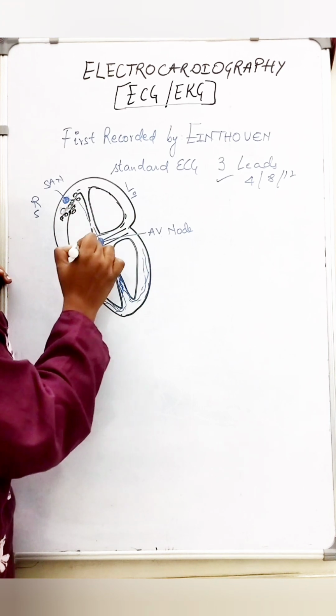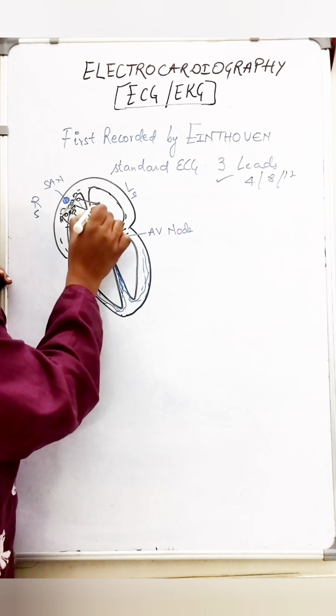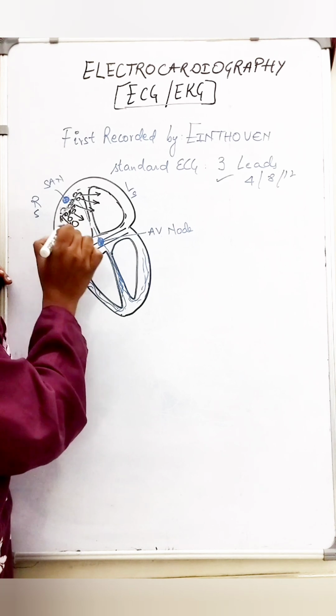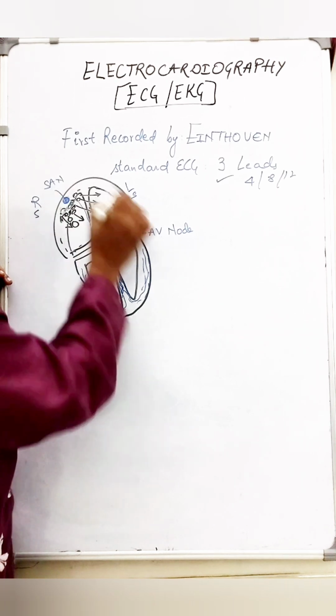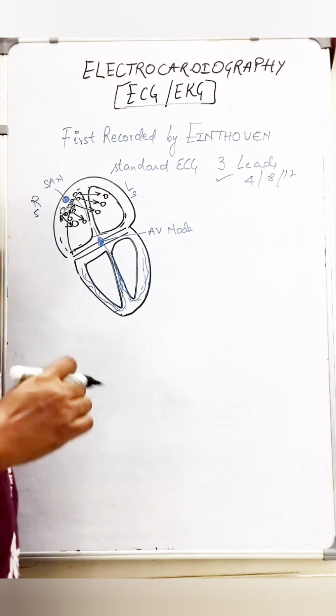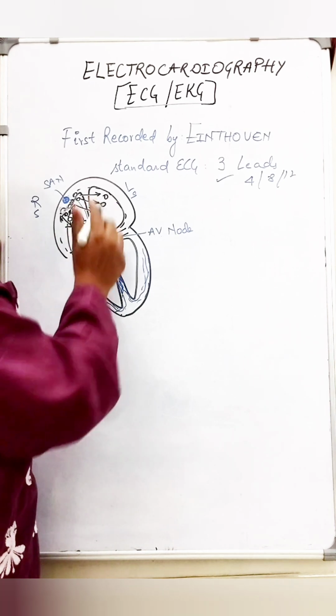Throughout this area, the depolarization effect is going to spread from one cell to the next cell, to the third cell, to the fourth cell, to the fifth.